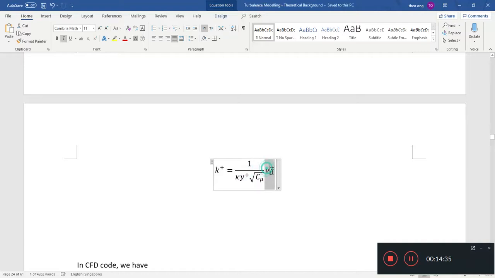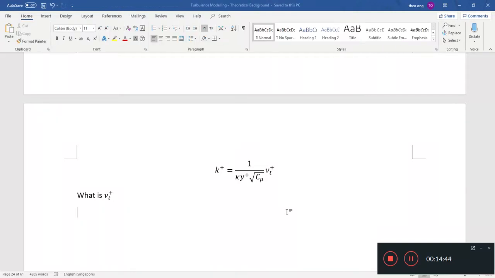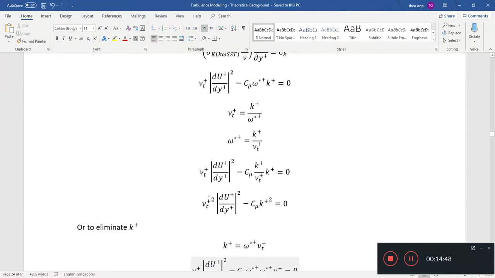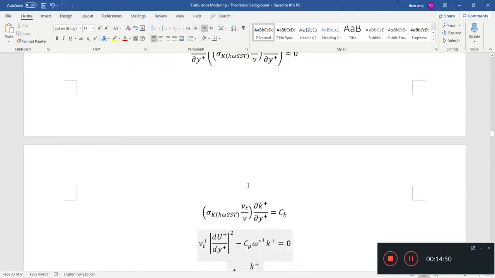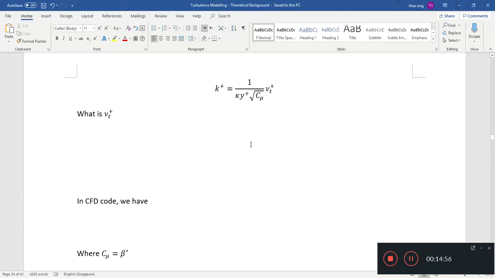The question is, what is nu t plus? Nu t plus is over here. The simplest way is to get this equation.